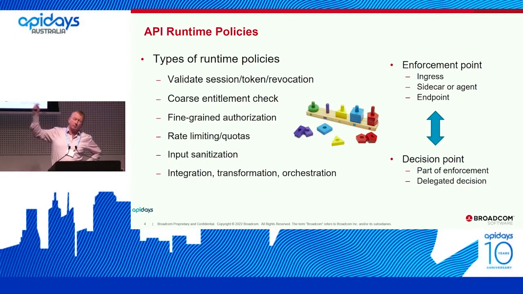But that enforcement point is not necessarily the same as the decision point. The decision point for these policies can be on the enforcement point itself, or it can be delegated out to anywhere else in your environment or outside of your environment for that matter. By delegating to some other external decision point, the nice thing is that all these enforcement points don't need to know about policy. You don't need to understand it, interpret it, or enforce it.